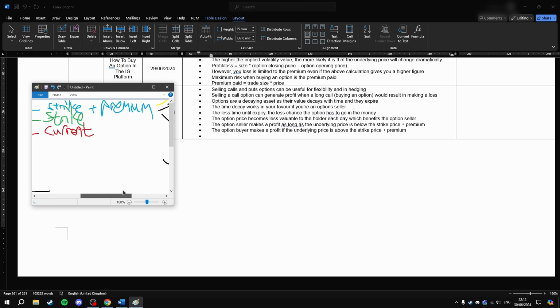And the reason you would short a call option is that you know the market isn't going to rise above the strike price plus the premium, so you short it so that you could sell it at a higher price than the underlying market price.